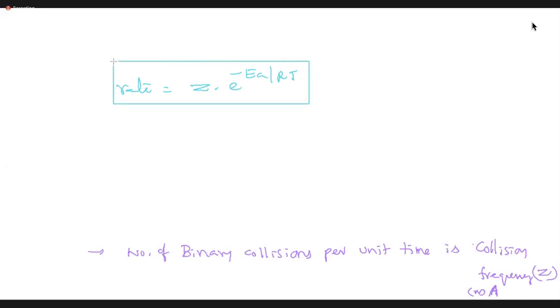Now how to calculate Z? Z is pi sigma square AB, under root 8 KT by pi mu, outside this Na into Nb.